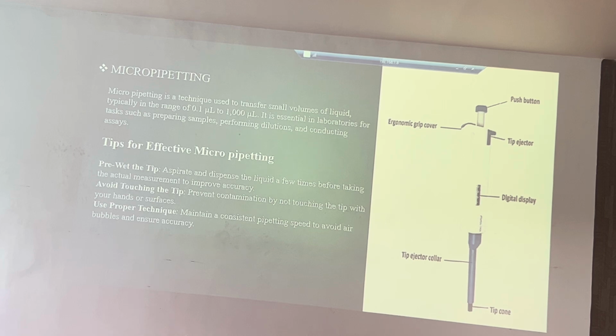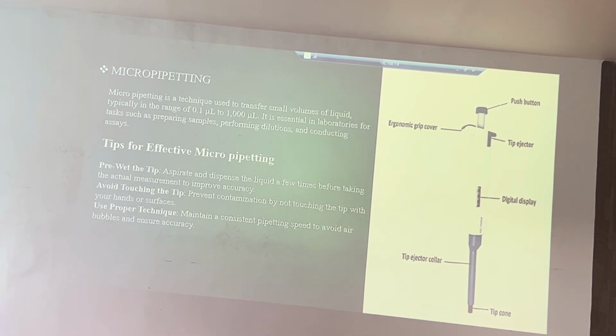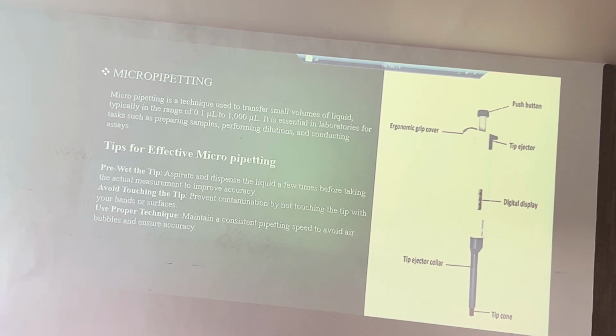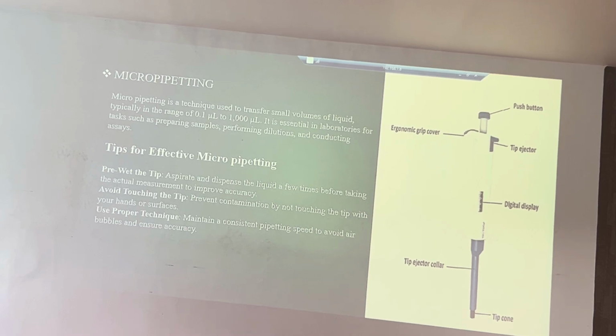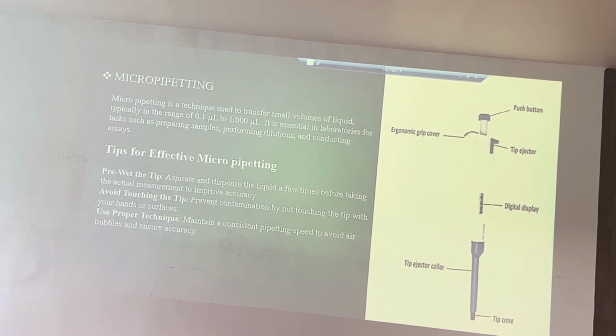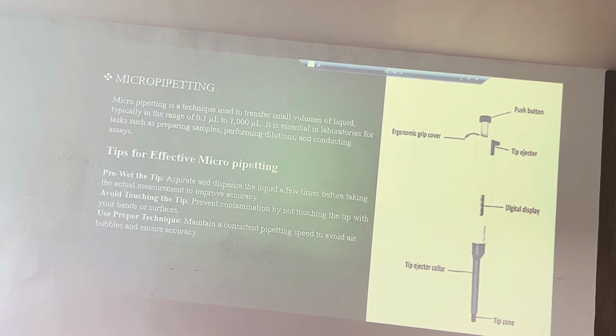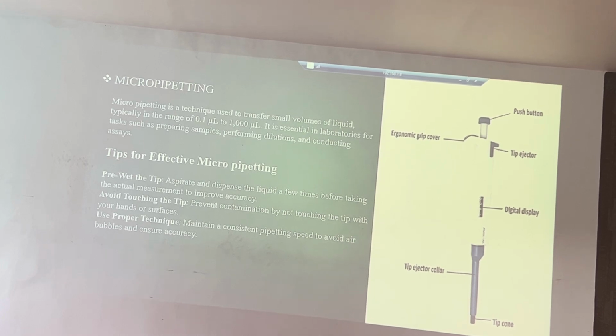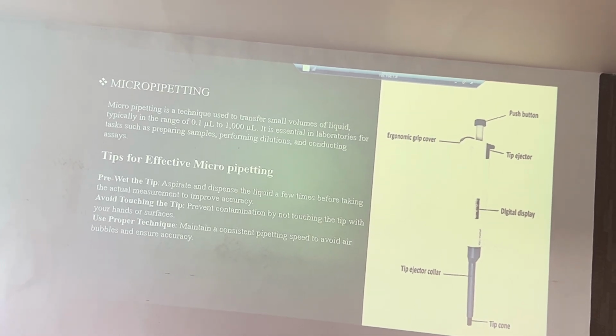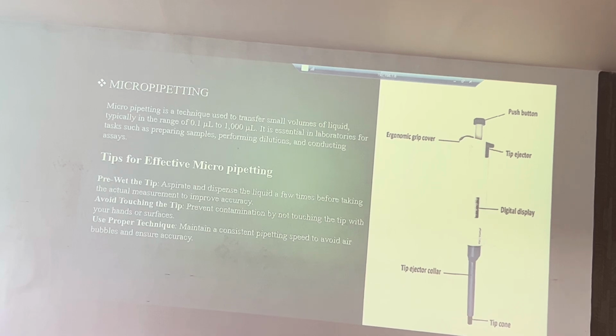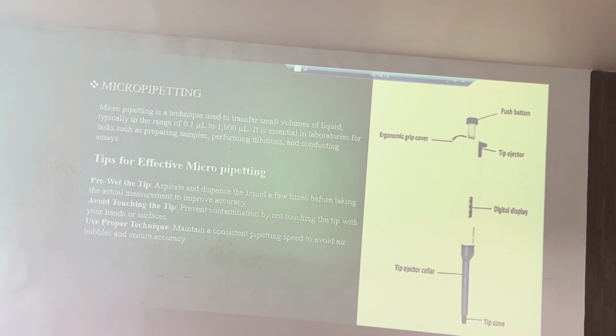So micropipette. The micropipette is used from 10 microliter to 1000 microliter, so within this range we often use the micropipette. Whenever you are using the micropipette, you need to maintain three things.